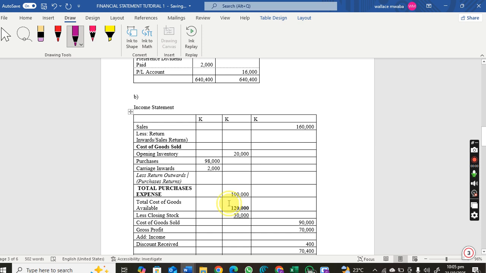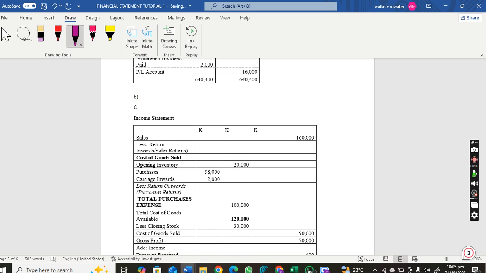Once you have the total cost of goods available for sale, remember colleagues, we want to find the cost of the goods that have been sold. So cost of goods sold is total cost of goods available for sale minus closing inventory.